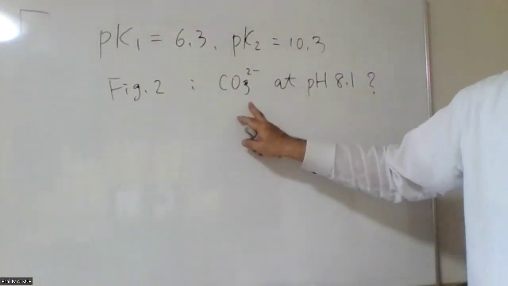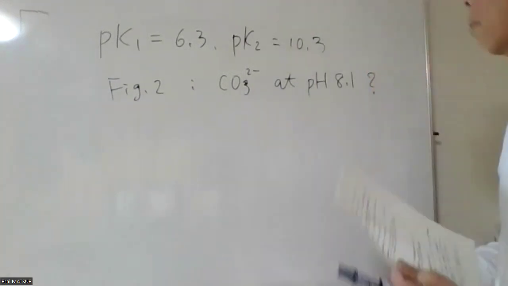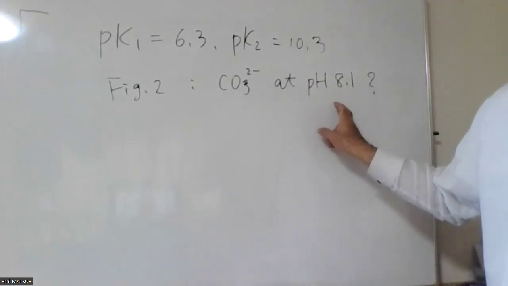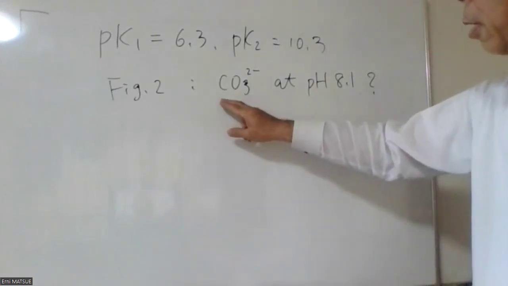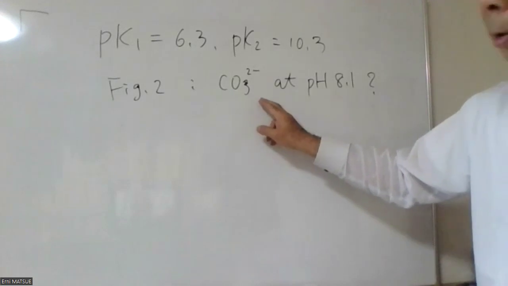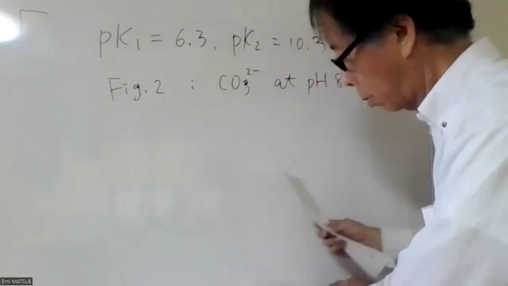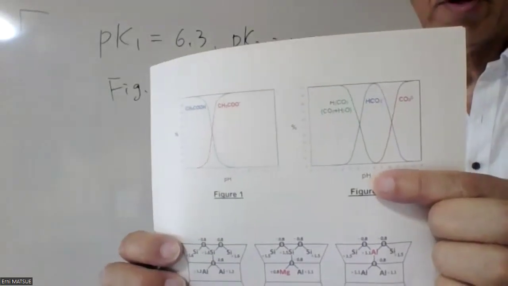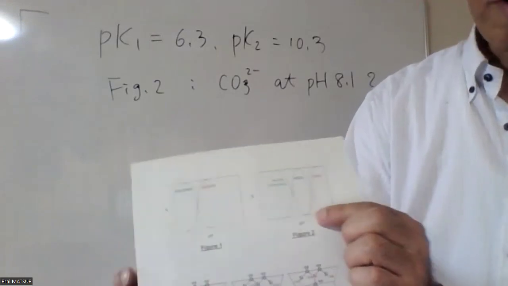The CO3 2 minus species at pH 8.1. 8.1 is the pH of seawater. Could you check the percentage of CO3 2 minus in figure 2? Zero. At pH 8.1, no CO3 2 minus exists.